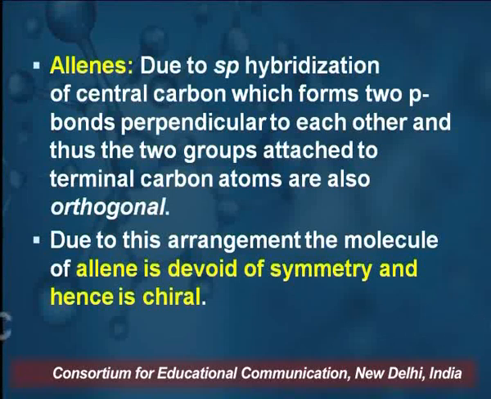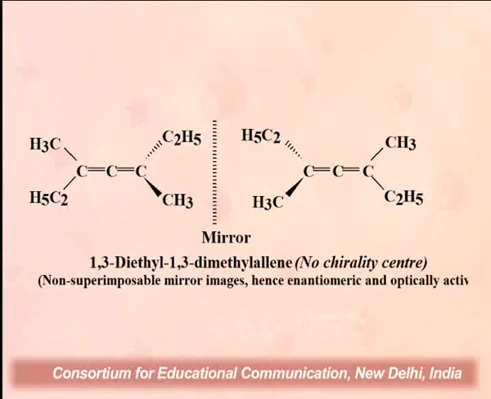What I mean by orthogonal here is that they are also perpendicular to each other, and due to this arrangement, the allene molecule is devoid of any element of symmetry. That is, it will not have a plane of symmetry, a center of symmetry, nor a simple axis or alternating axis of symmetry.